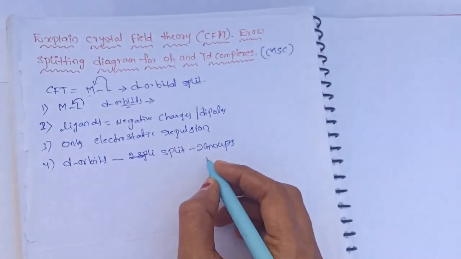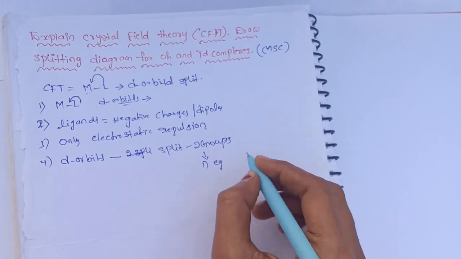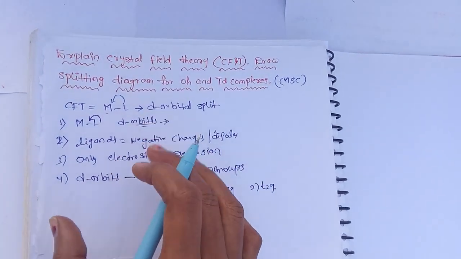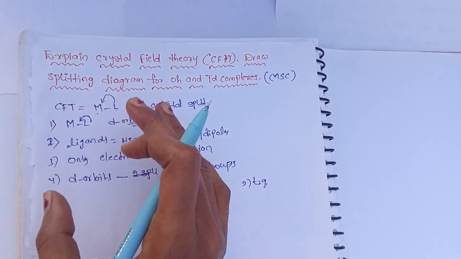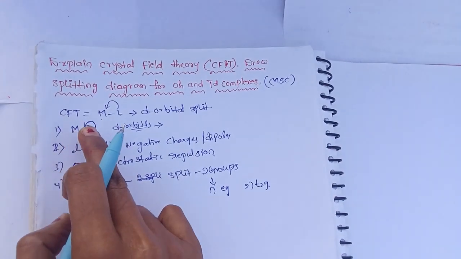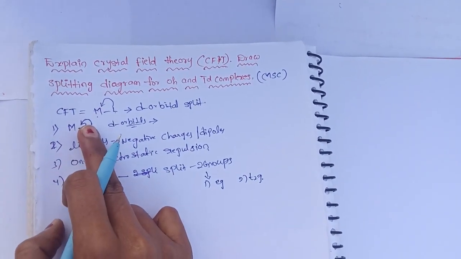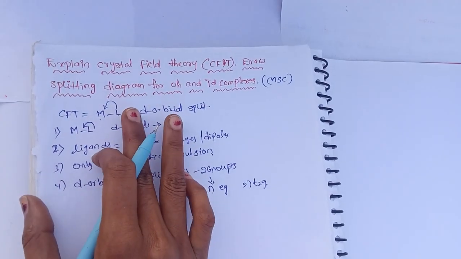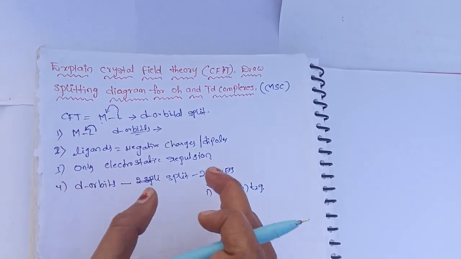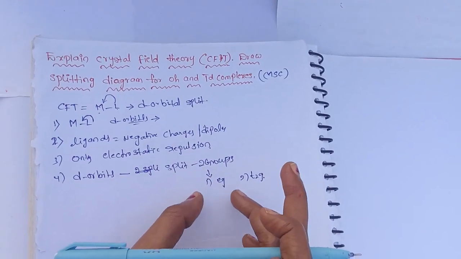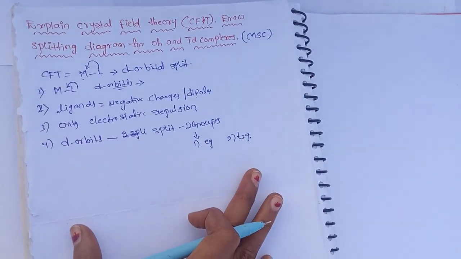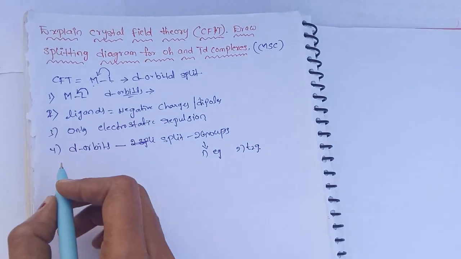The two groups are Eg and T2g. Normally the metal has degenerate d orbitals of equal energy. When the ligand comes near the metal, the d orbitals will not have equal energy levels; the energy levels will be split. So the d orbitals split into two groups, one is Eg and the other is T2g. How they are in octahedral and tetrahedral complexes, you can see.